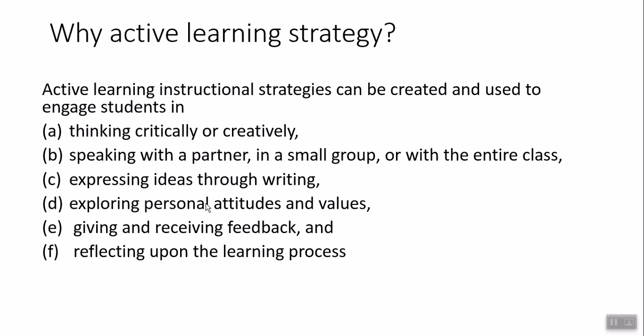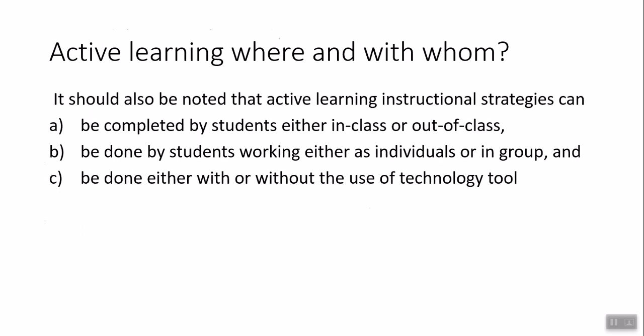Even if they argue, there should be places where they can talk. So in such an active learning strategy, there should be a place for them to give and receive feedback, and they must practice through their own reflections.